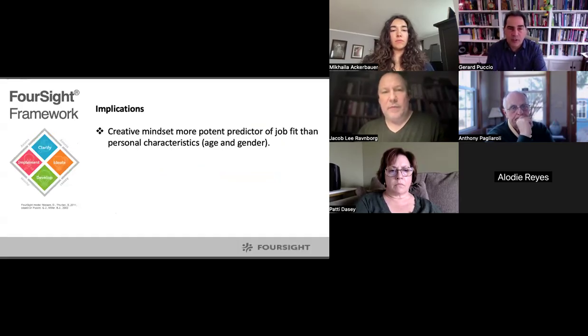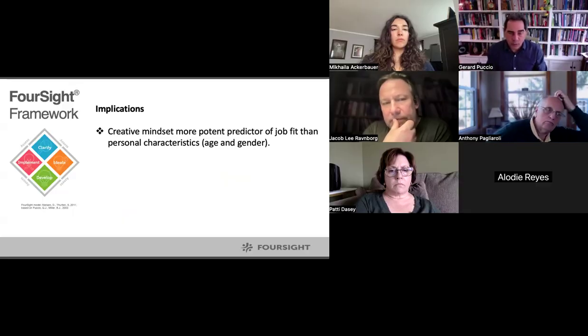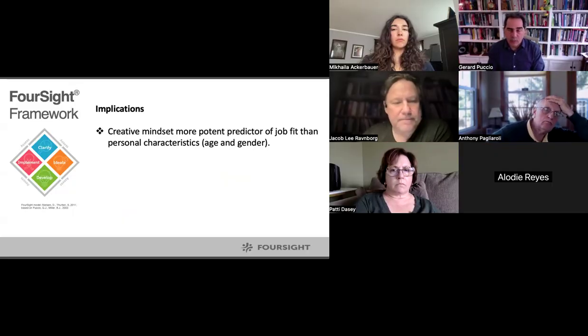So what are the implications of this? Well, your mindset is a strong predictor of job fit, and it's a stronger predictor than personal characteristics such as age and gender, which for me reinforces the power of this area that we all study. I've often thought that creative thinking is universal, that creative preferences have a large impact in our lives beyond just being able to create.